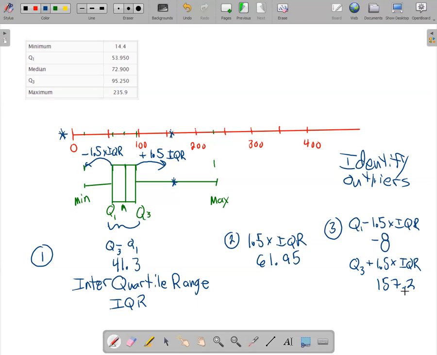Does it make sense? Yes and no. I mean, the number is -8. You can't have -8 fat. So we could say, if anyone has a fat intake of 0, they would still be okay. They'd still be in the reasonable group of data compared to everybody else. I doubt anybody takes in no fats.